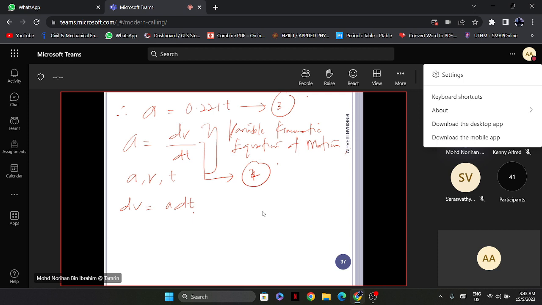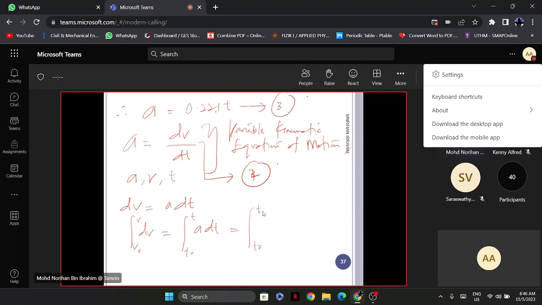Since they give you a as a function of t, in order to calculate the velocity, we need to apply integration on both sides, which is the integral of dv from v naught up to v equal to the integral of a dt from t naught up to t.